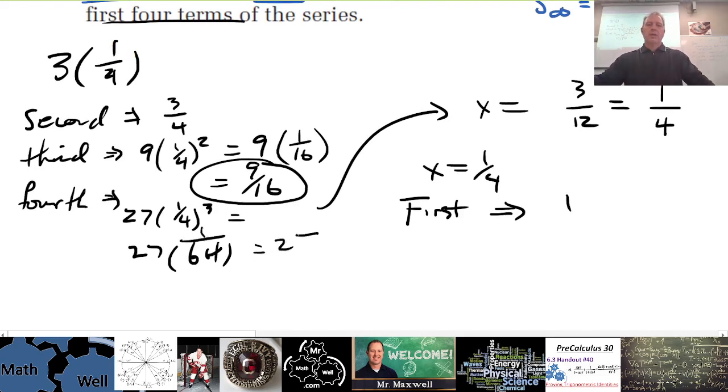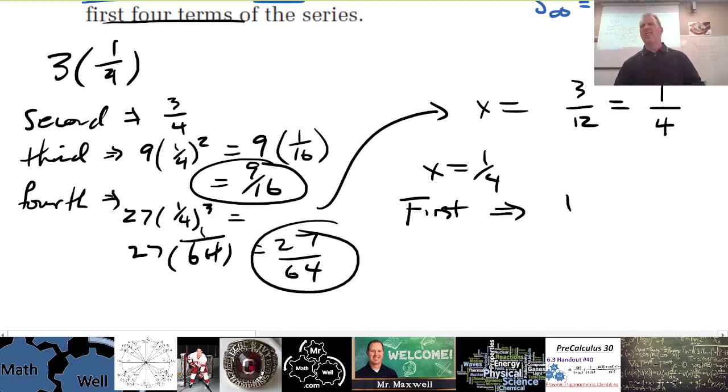So 27 over 64, can we reduce that? Can we divide 64 by either 3 or 9? Those are factors of 27. 3 or 9? Anybody? Let's see. Factors of 64 would be 32 and 2 and 8 and 8 and 4 and 16. Any common factors there? Oh, so maybe 27 over 64 is our simplified answer then? You think?